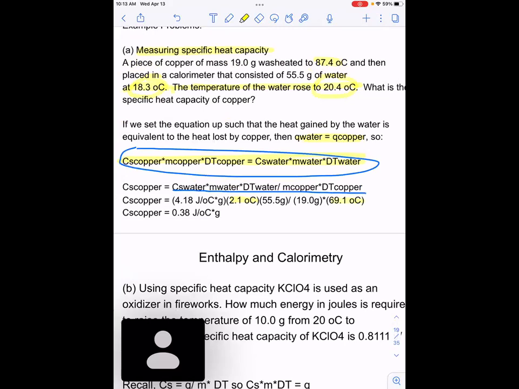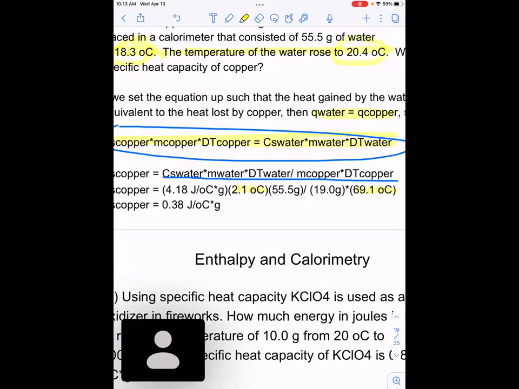69.1 degrees Celsius. So the water started at 18.3 and rose to 20.4. The copper started at 87.4 and ended up at 20.4. So the change in temperature for each one is different. That's it. The rest of it is just knowing the values for specific heat.